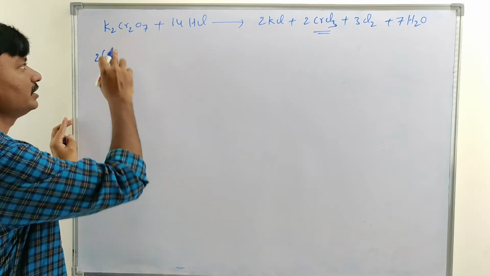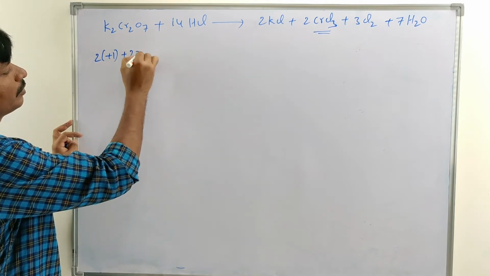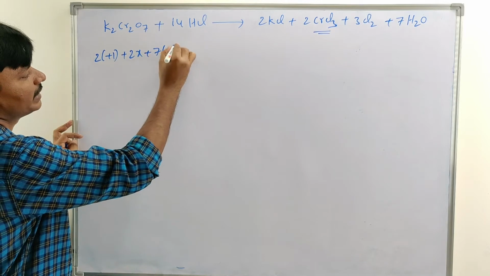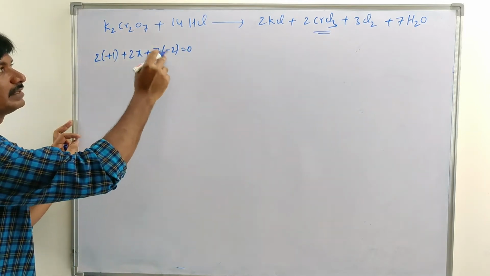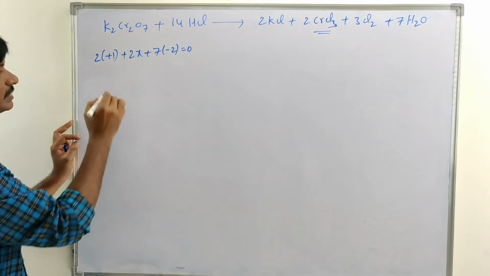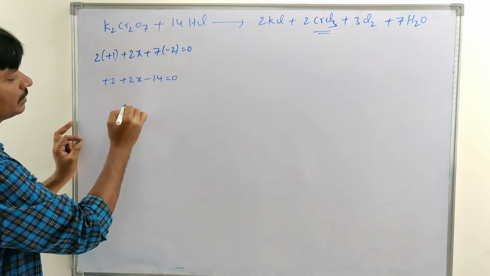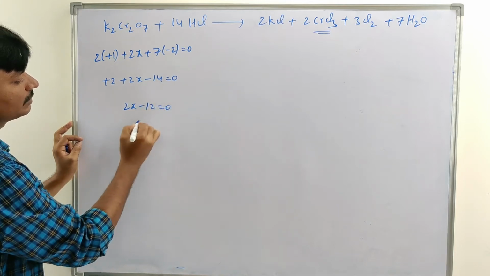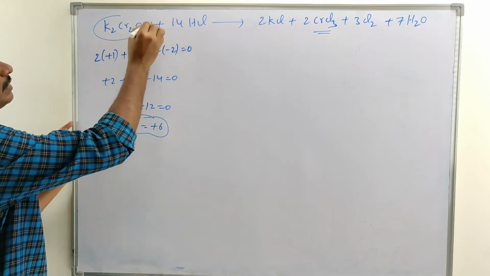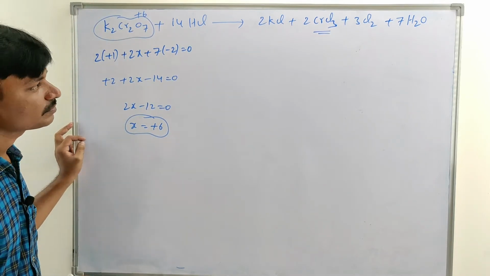Here 2 chromium atoms are present, that's why 2x plus 7 into minus 2 equals 0. Each oxygen atom oxidation number will be minus 2. Plus 2 plus 2x minus 14 equals 0, 2x minus 12 equals 0, x equals plus 6. Here each chromium oxidation number will be plus 6.